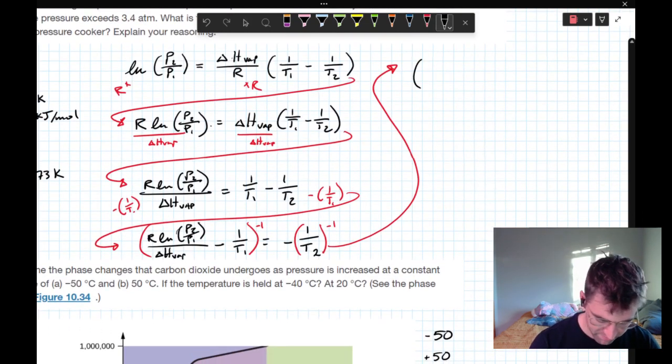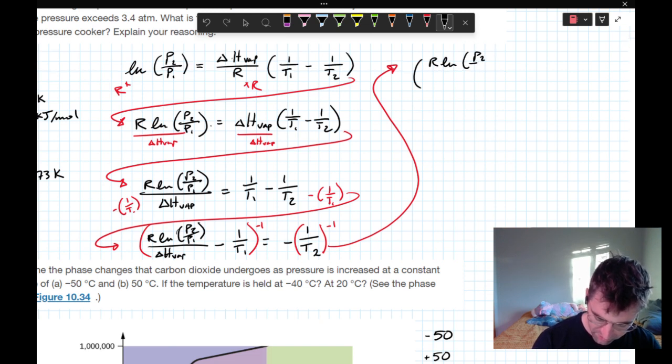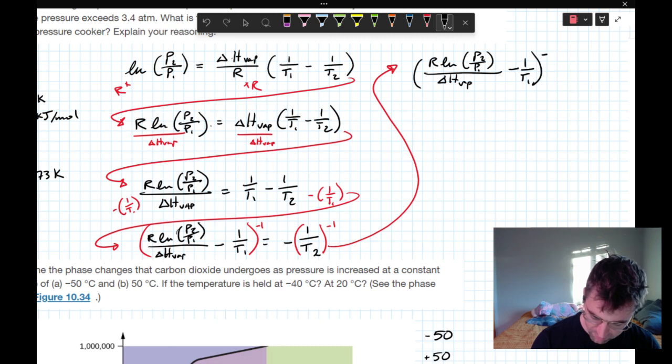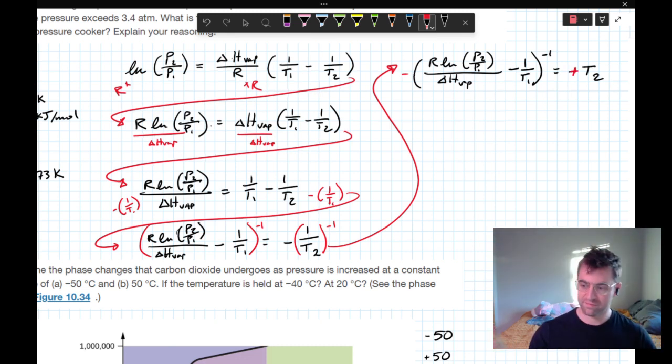So our new equation is R ln P2 over P1 over delta H vap minus 1 over T1, to the negative 1 power, equals negative T2. We can simply multiply by negative 1. Gives us a positive value for T2. And now we plug in our values.